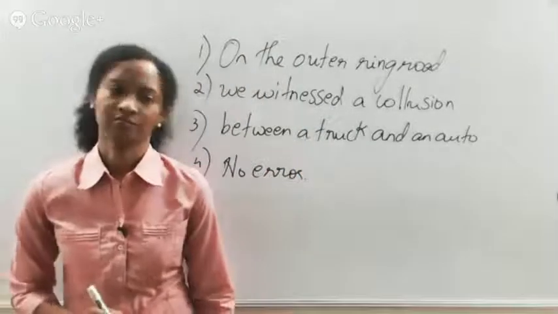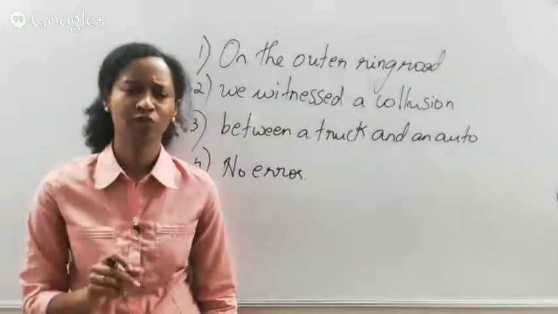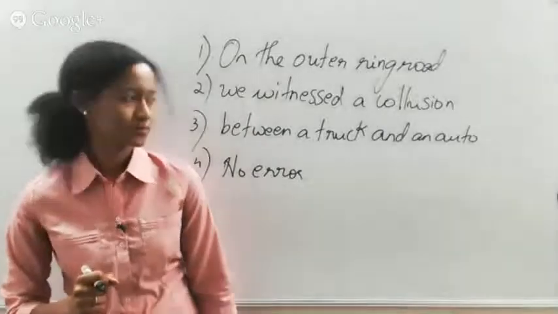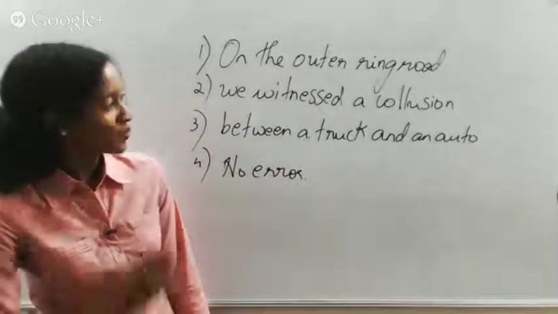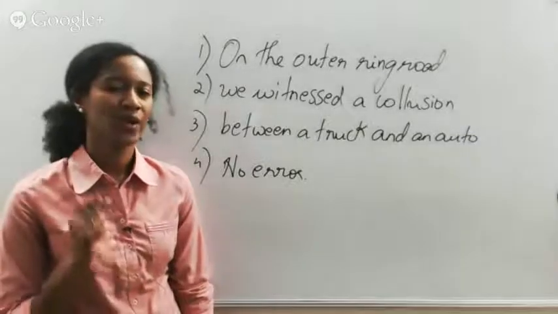Like I said, it's your time to answer this. Easiest, most overlooked. Let's see you identify the error. On the outer ring road, we witnessed a collision between a truck and an auto. Where is the error?